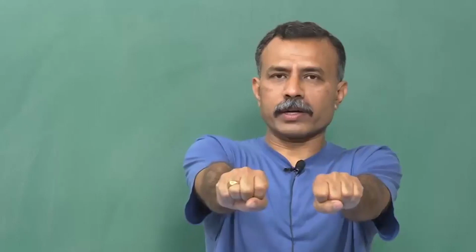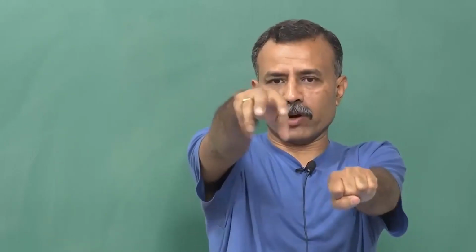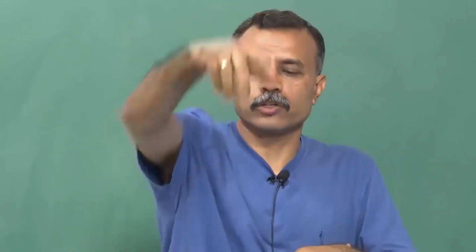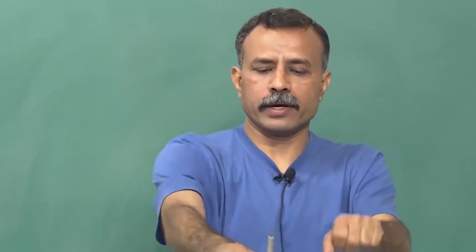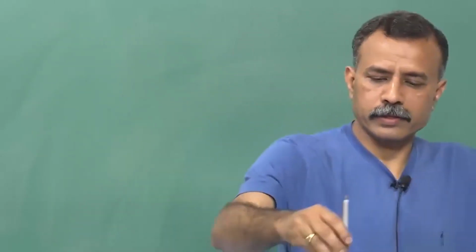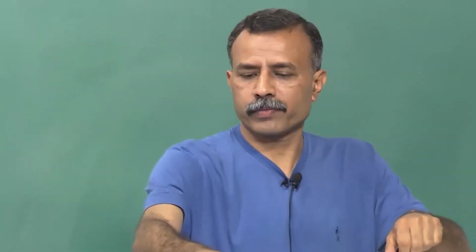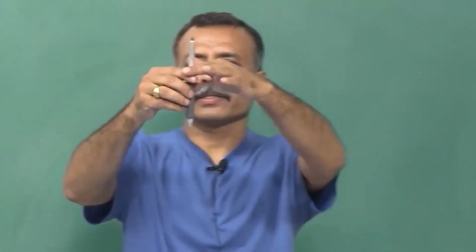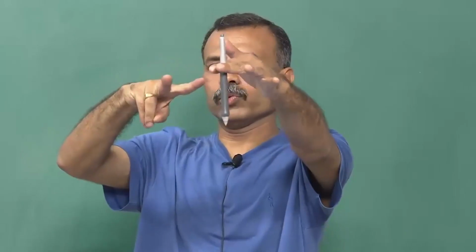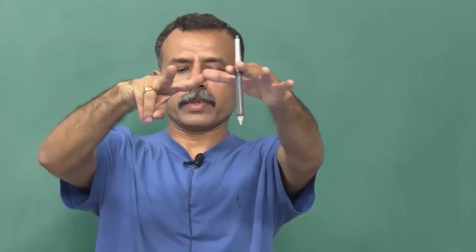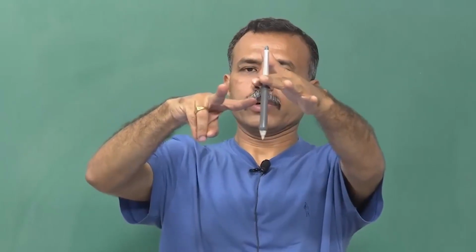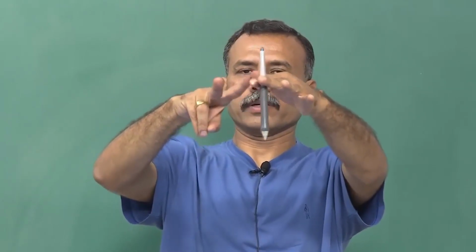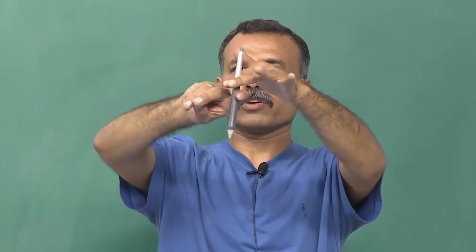So, if these two are starting and there is an electron sitting out here, say for example, this is the electron, and these two, my two hands, say I place them somewhere like this, one is fluorine and the other one is silver. Who is going to pull the electron faster? This fluorine. So, this is going to capture the electron faster.